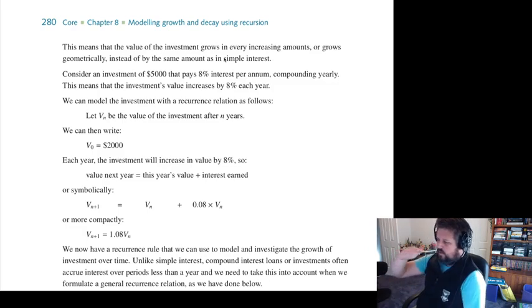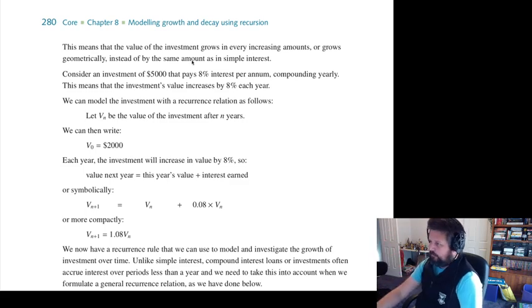With simple interest, it's always the same amount going on. With the geometric investment, where it's compounding, it gets the new principal value and it's growing on that. So as it gets larger, more and more is happening. It's actually changing that interest amount over time.